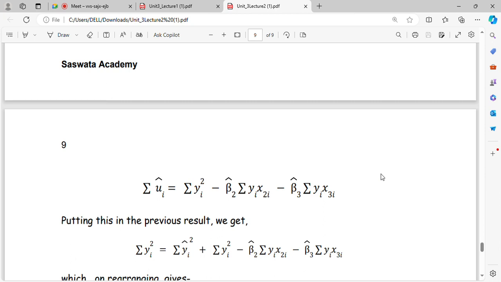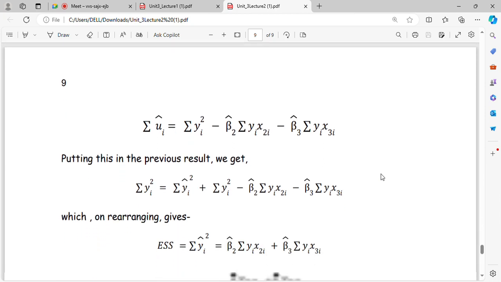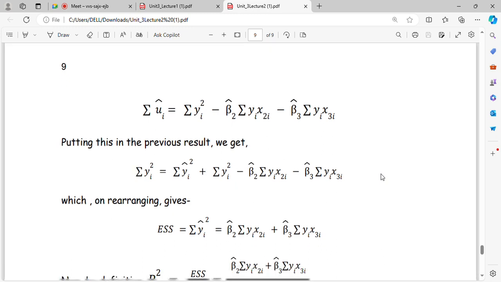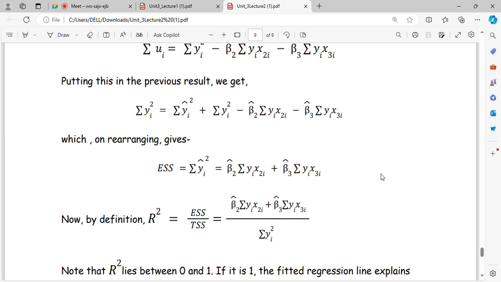Now from equation 20 we can write summation ui hat square equals summation yi square minus beta 2 hat summation yi x2i minus beta 3 hat summation yi x3i. If we put this equation, we are getting summation ui hat square equals summation yi square minus beta 2 hat summation yi x2i minus beta 3 hat summation yi x3i, which on rearranging gives the explained sum of square, ESS.